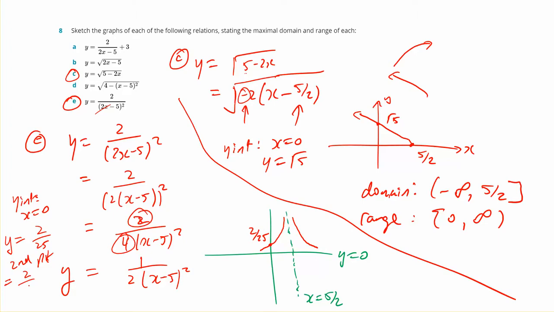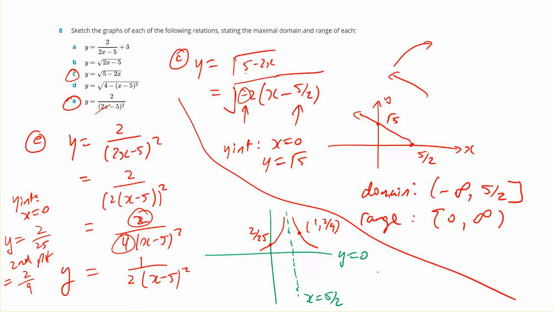Negative 3 squared is 9, so 2 over 9. Okay, so 1, 2 over 9 as the second point.